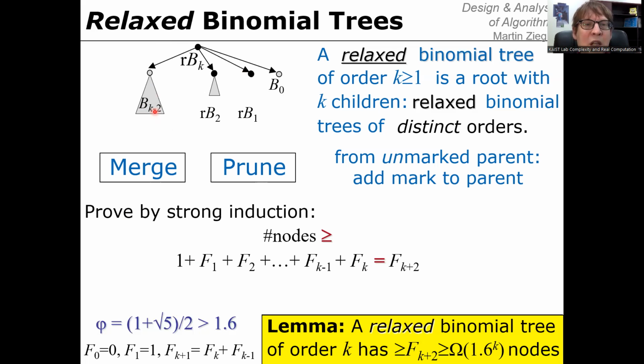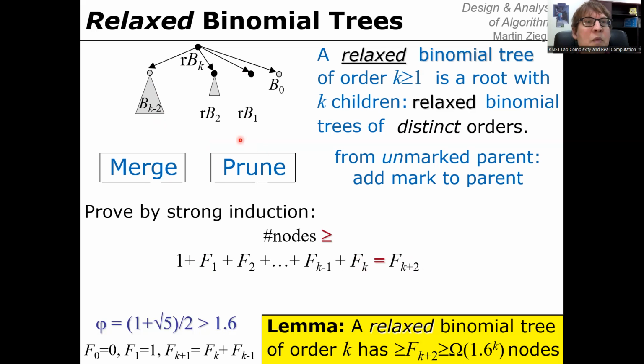And the induction claim is that the number of nodes in a relaxed binomial tree of order k is at least f_{k+2}. That's our induction claim. And by induction hypothesis, therefore, the number of nodes of this is at least f_{k-2+2}, and that explains the f_k here.